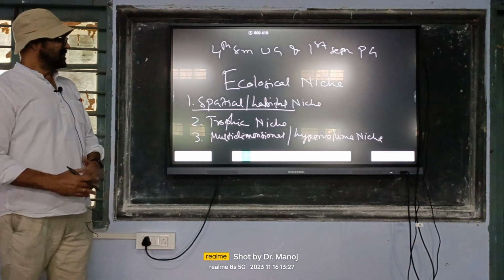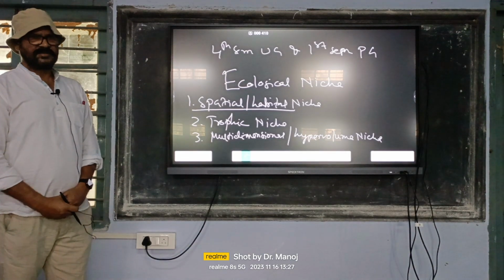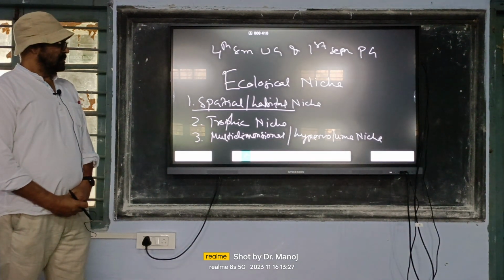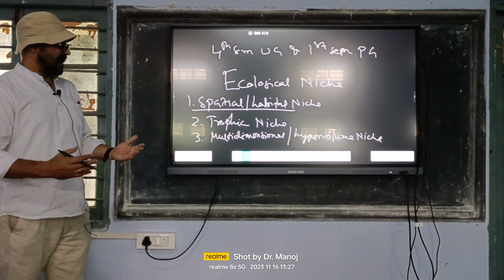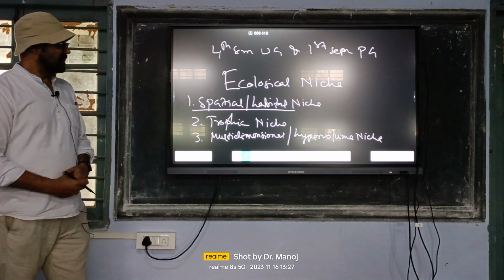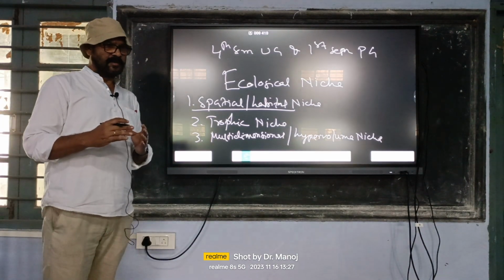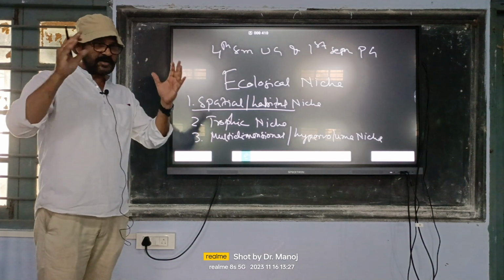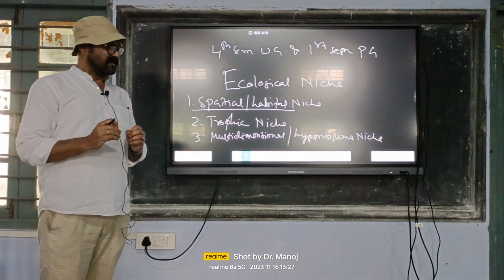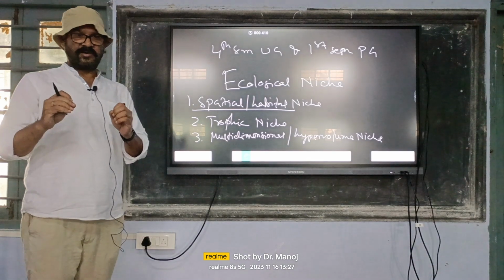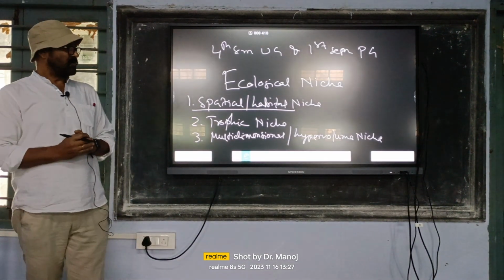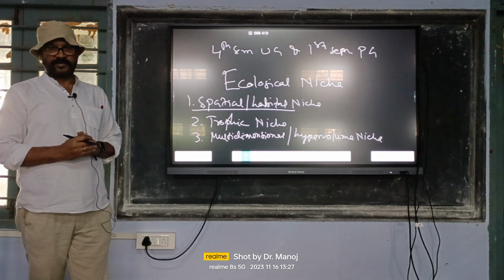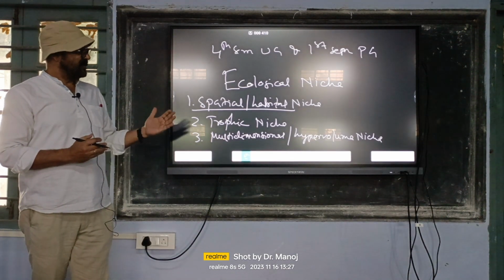It refers to the physical space occupied by the organisms. This niche is more or less like the concept of habitat, but actually the organism lives in a small region of a particular habitat, or general habitat. The small area or small region of a particular general habitat is called microhabitat. That means the habitat can be subdivided.